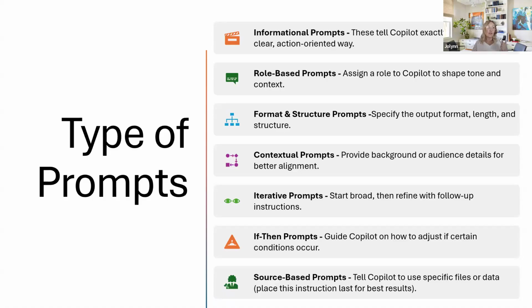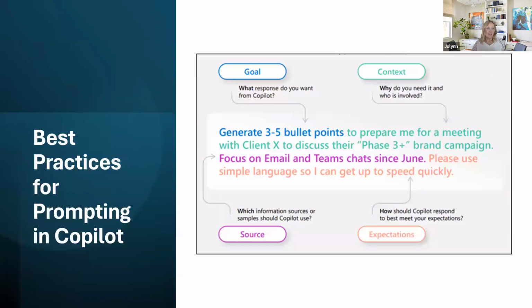So you want to make sure that you are stating, here's the details of what it is that I'm trying to get out of it. Here's the audience of who's going to read it or who am I going to provide this to, really letting them know. And then if this happens, do this. Okay. Tell it the format that you want to be using. You're going to get the better results.